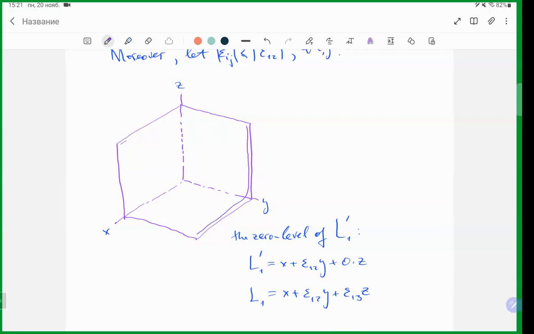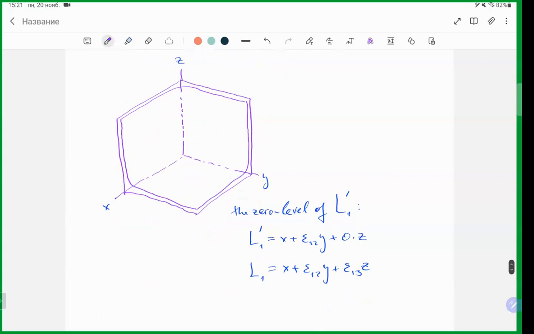Here we'll have respective copies of these hyperbola, right? So now, if I repeat the picture, I want to consider the 0 level of this simpler form, right?